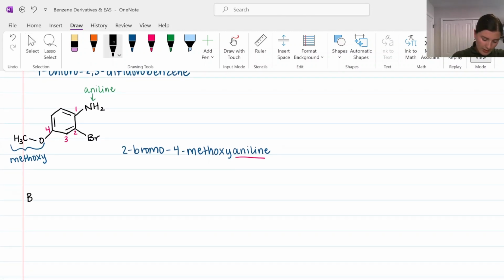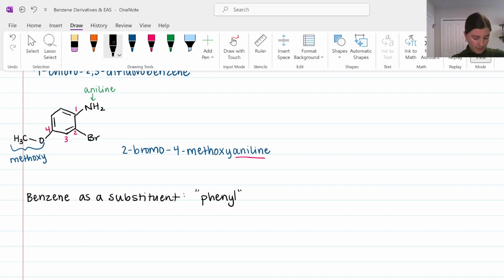So this is when we have benzene as a substituent. We use the phenyl name. Sometimes this is abbreviated as C6H5, because that's what the substituent has as far as atoms go.